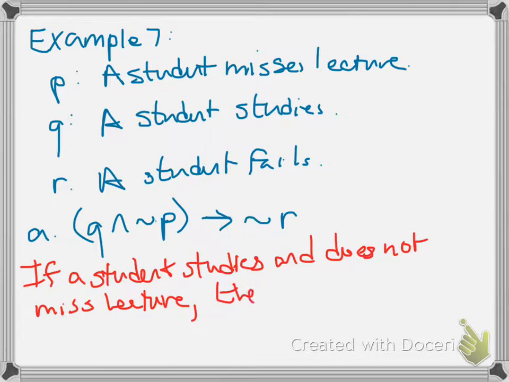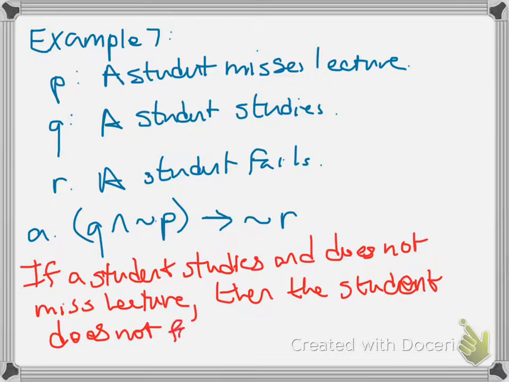Then not R, R was a student fails, so then not R would be the student does not fail. And that makes sense. If a student studies and does not miss lecture, then the student does not fail. All right.